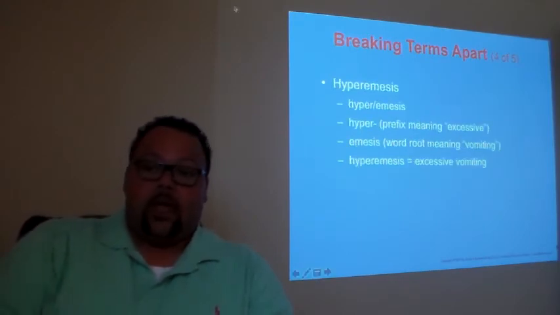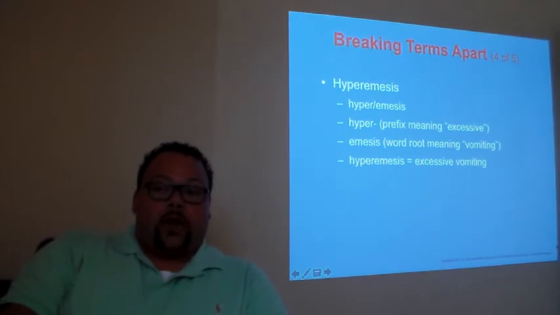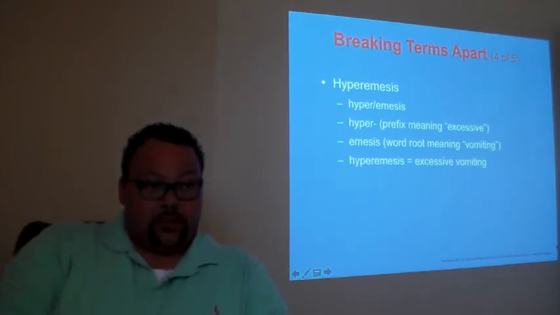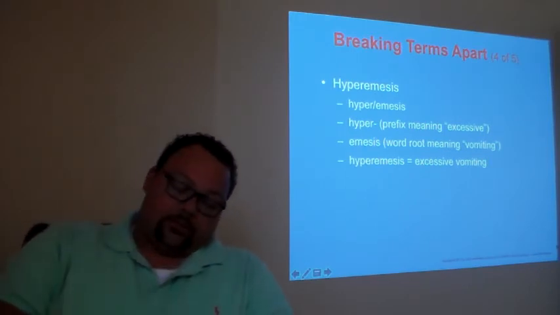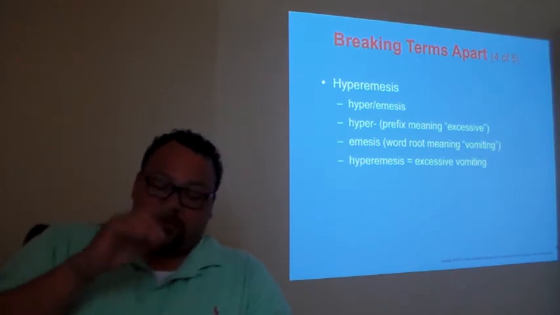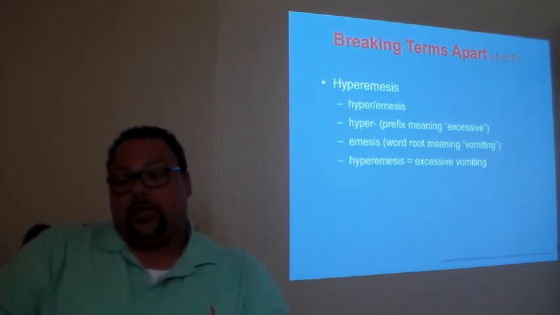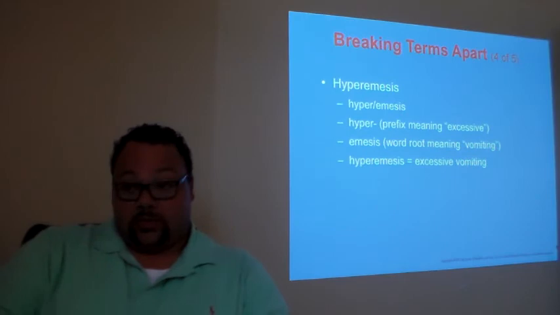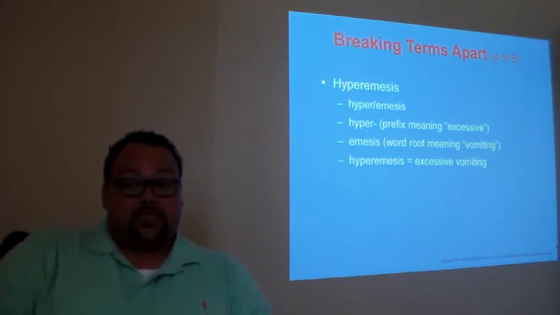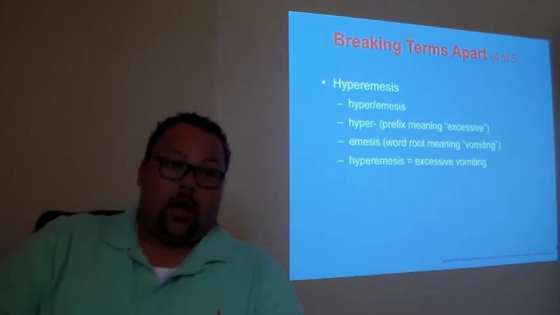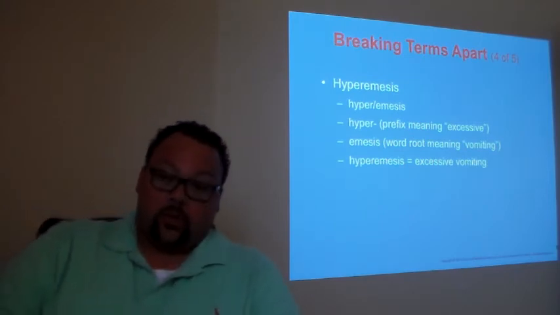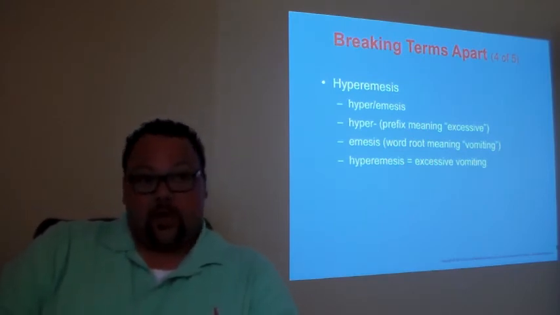And then hyperemesis. The word hyper means that something is excessive. We talk about attention deficit hyperactivity disorder, ADHD, stuff like that. Hyper means something is over the top or more so than normal. Emesis is a root word that means vomiting. So we use the words emesis and vomitus when it comes to vomiting.